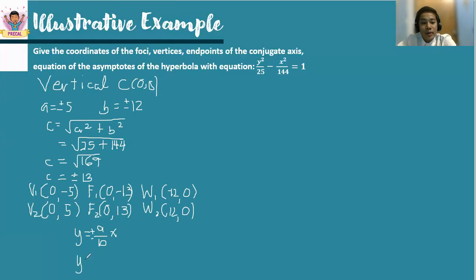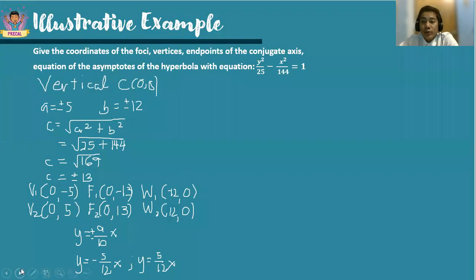So the answer is y is equal to, the first one is negative, for a slope that leans to the left, negative 5 over 12 x. And if you want to write the equation of the line with positive slope that leans to the right, it is positive 5 over 12 x. So these are the equations of the asymptotes.